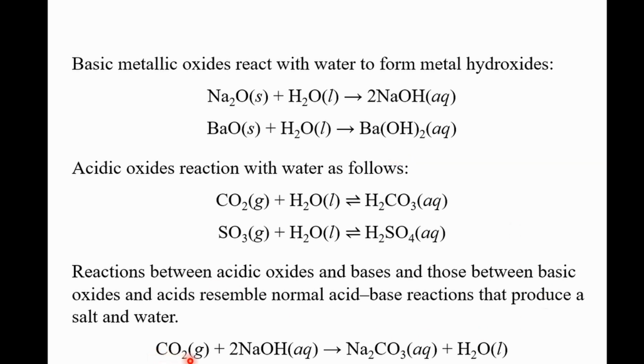We see that these reactions, here's a non-metal oxide and a base, look like the same products as if we titrated carbonic acid with sodium hydroxide. Here we have a metal oxide, which is typically basic, and we get almost the same products as if we titrated barium hydroxide with nitric acid.